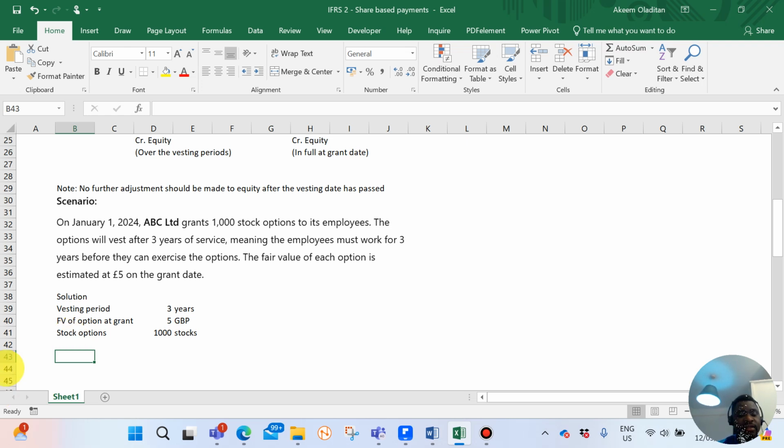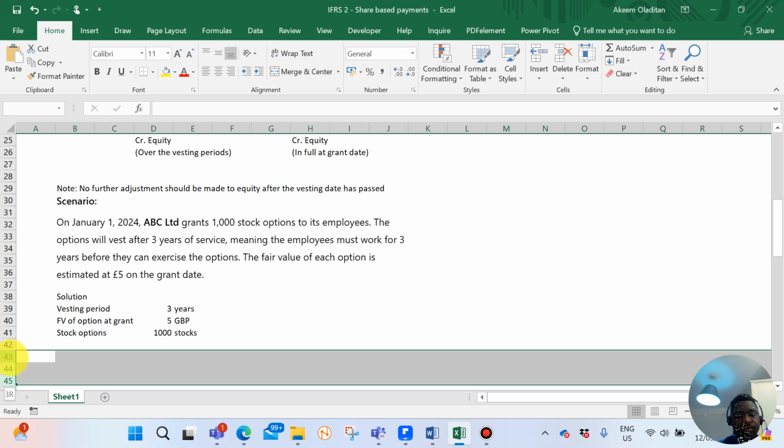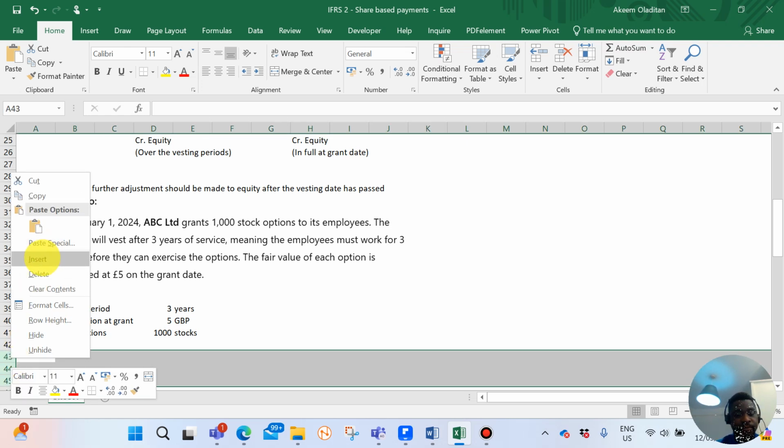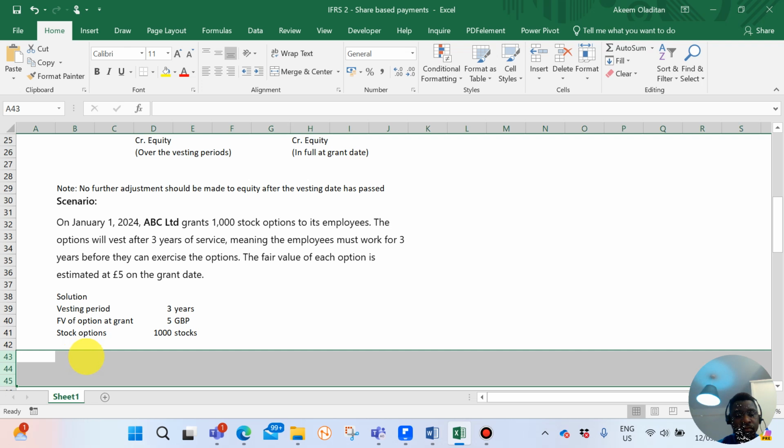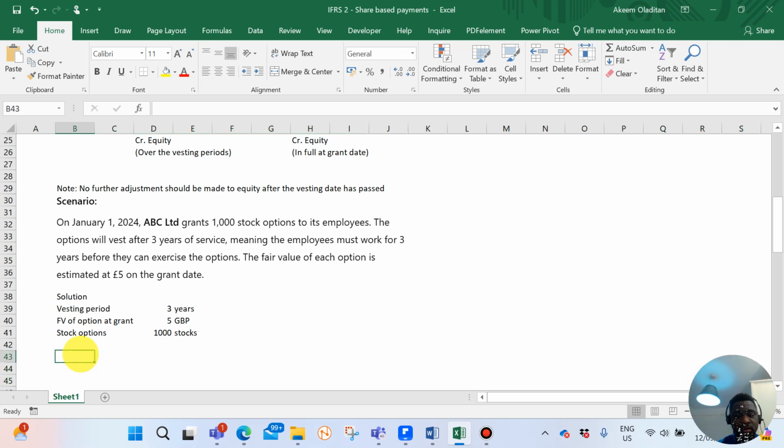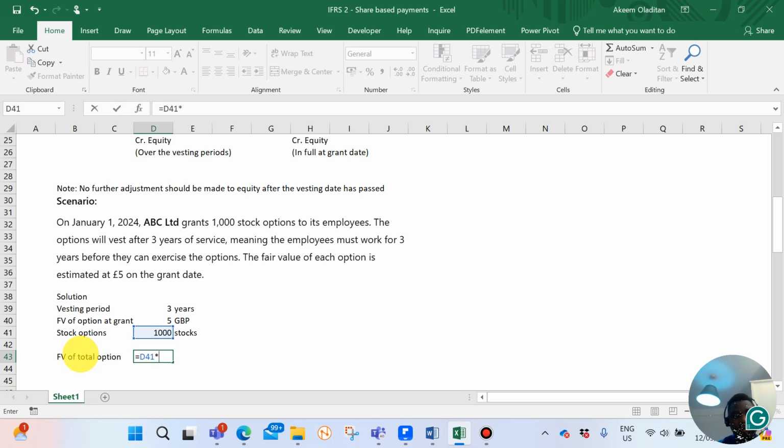So we now say the fair value of total option will be 1,000 options times 5.